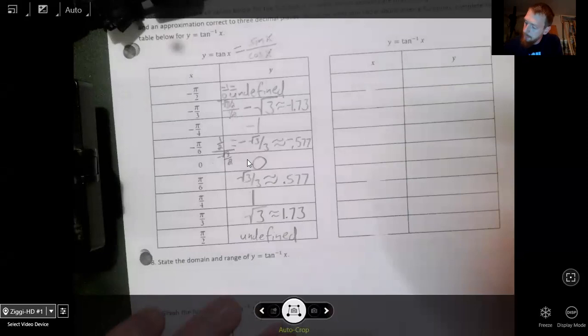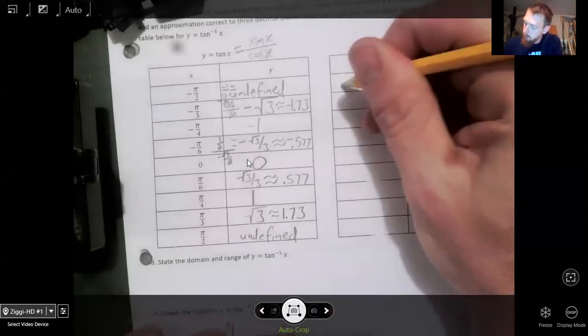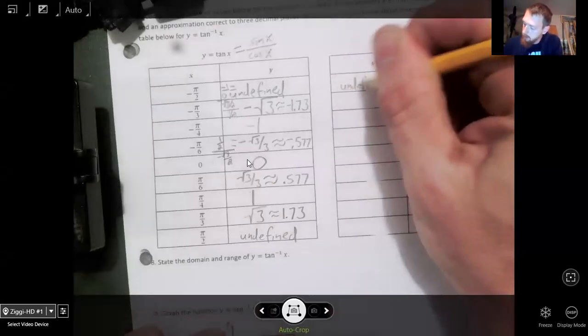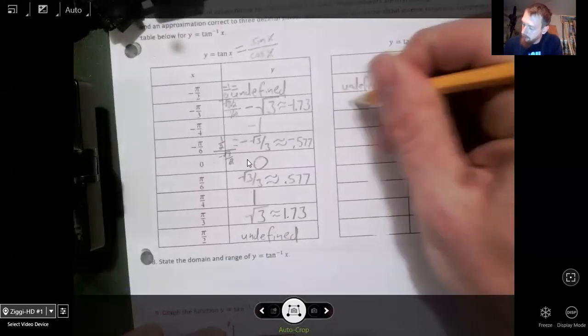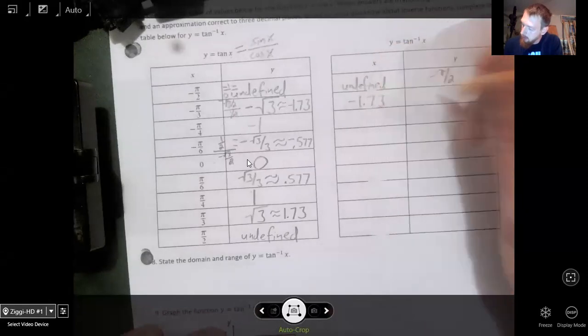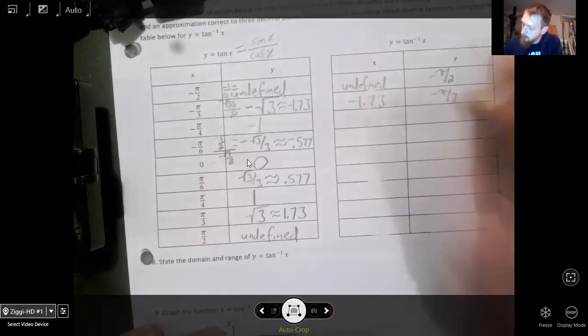All right, so let's come back and fill in our table for the function y equals the inverse tangent of x. We're going to get, so all we're doing is we're just taking these x and y values and we're switching them around.